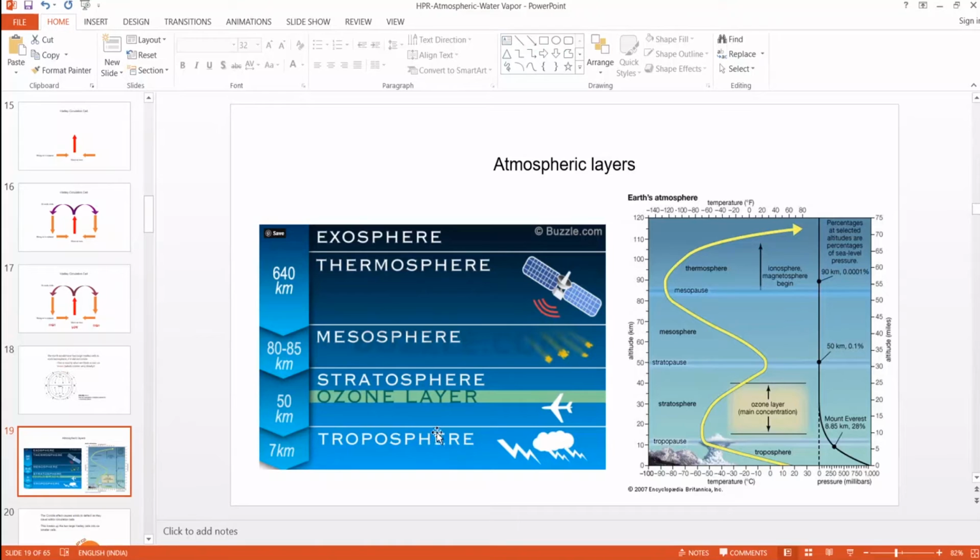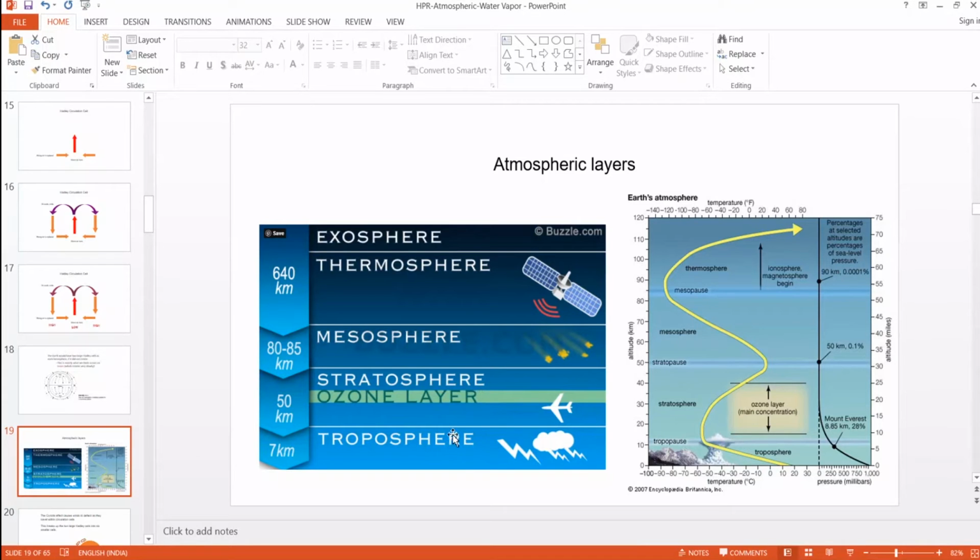Okay, so above the troposphere, that is about 10 kilometers, there is a stratosphere. It extends up to 50 kilometers. The stratosphere mainly contains the ozone layer, okay, which stops ultraviolet radiation hitting Earth. And in this stratosphere, the air pressure is very low, and the flow is some kind of laminar flow.